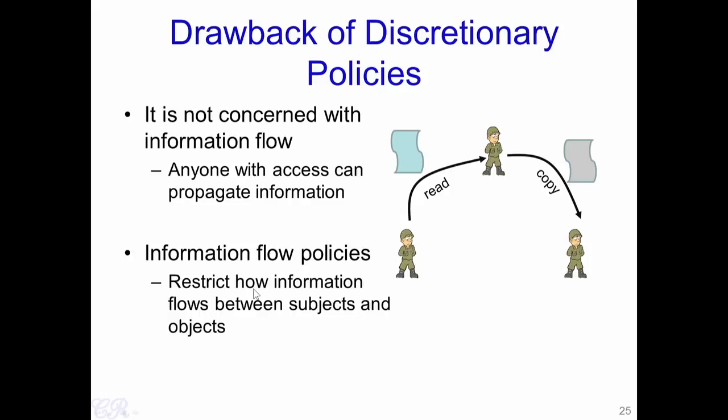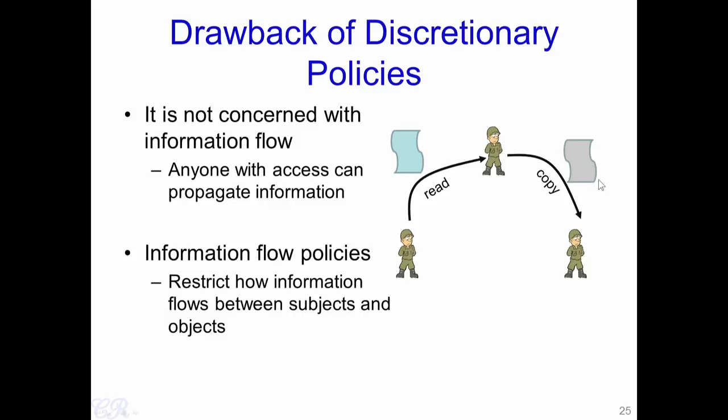Another drawback of discretionary policy is that it is not concerned with information flow. Anyone with access to information can also propagate information. For instance, if we have one person over here who is able to read a particular file, there is nothing stopping this person from actually making a copy of this file and transferring it to 100 different people.